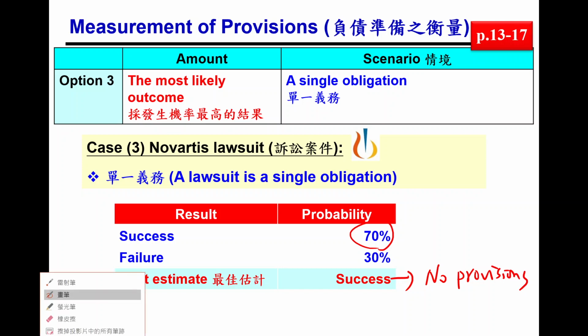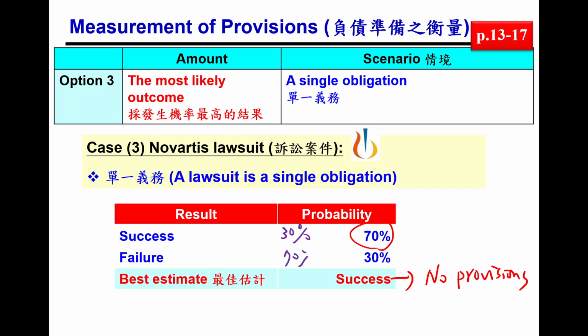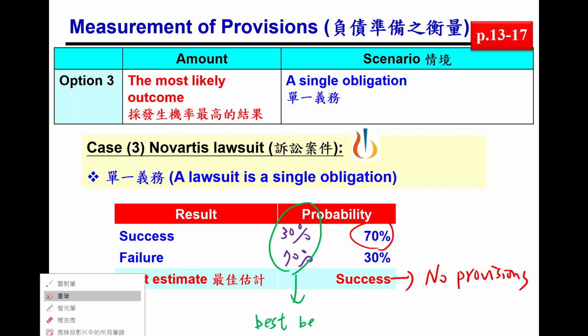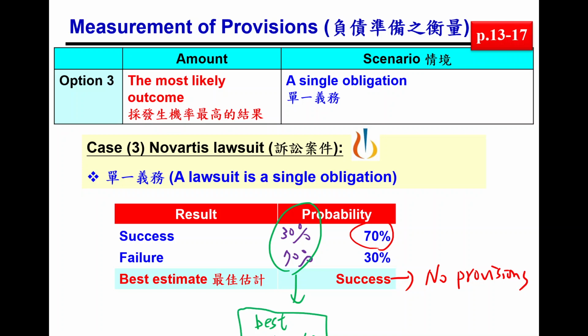What if it is another case? If I tell you right now your success is 30%, your loss is 70%. Based on this, what is your best estimate? Choose the most likely outcome. The most likely outcome is, okay, I think I'll lose the case, right?